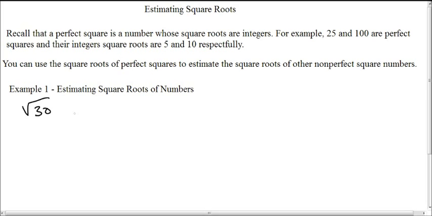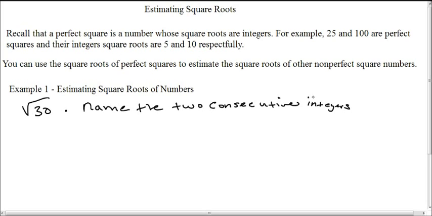What we want to do here is work together and name the two consecutive integers that the square root of 30 comes between.